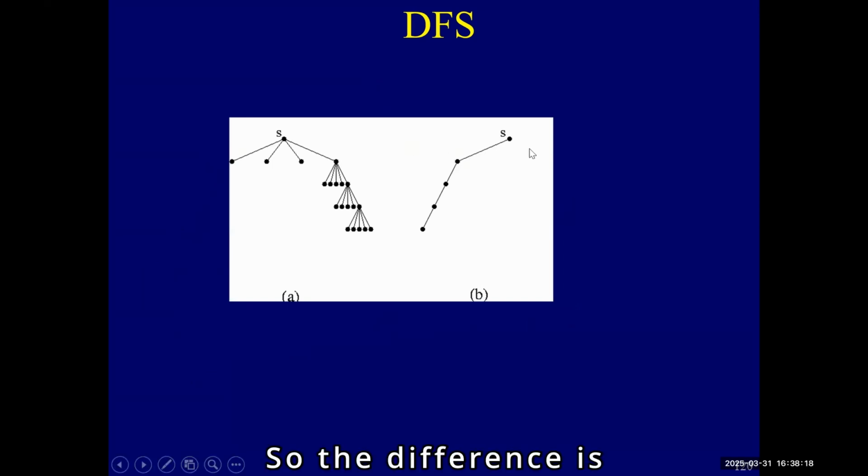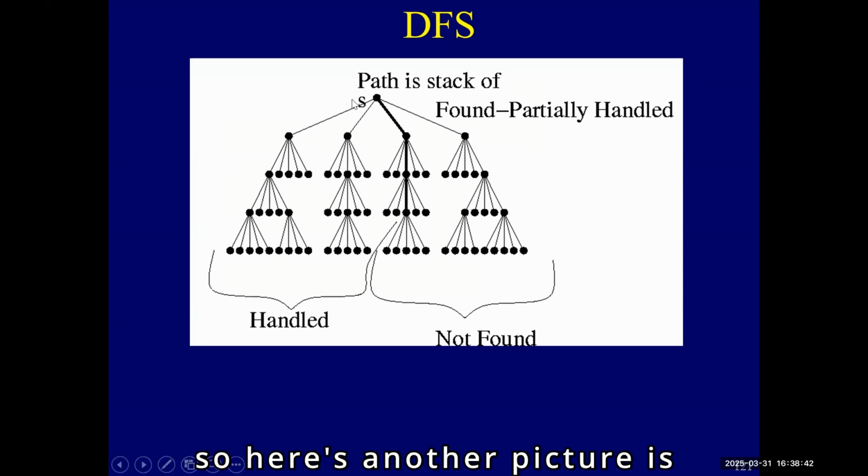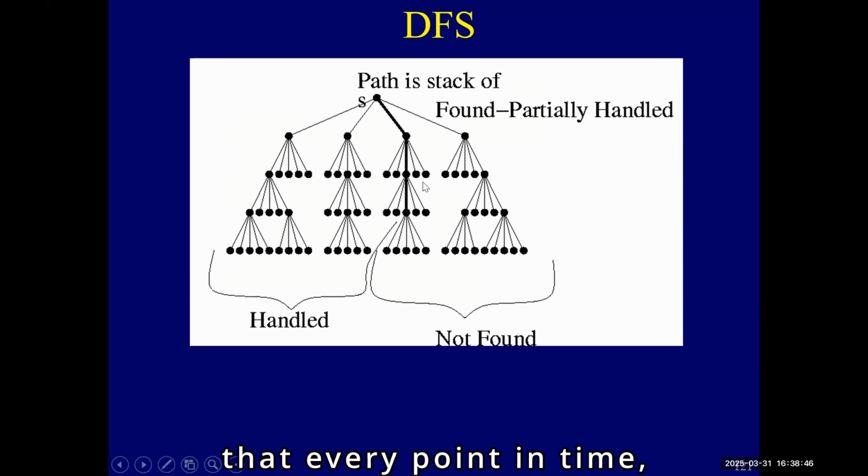So the difference is that when we look at S, we're not going to handle all its edges. We're only going to handle one of its edges. So nodes are going to be partially handled, right? So here's another picture: at every point in time, what's on the stack is going to be a path from S, right?